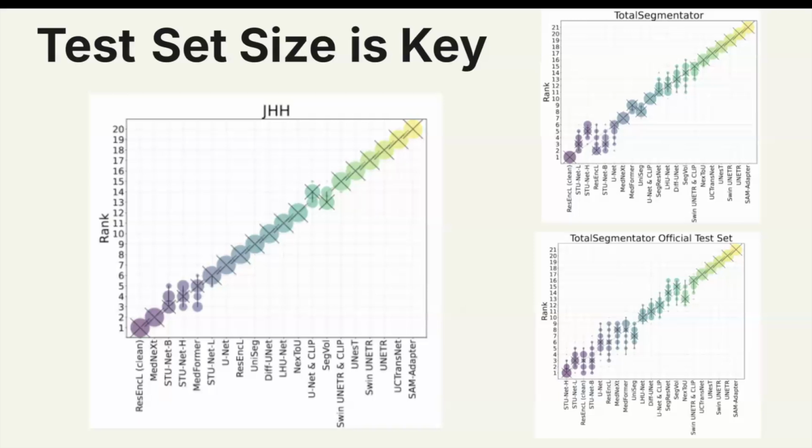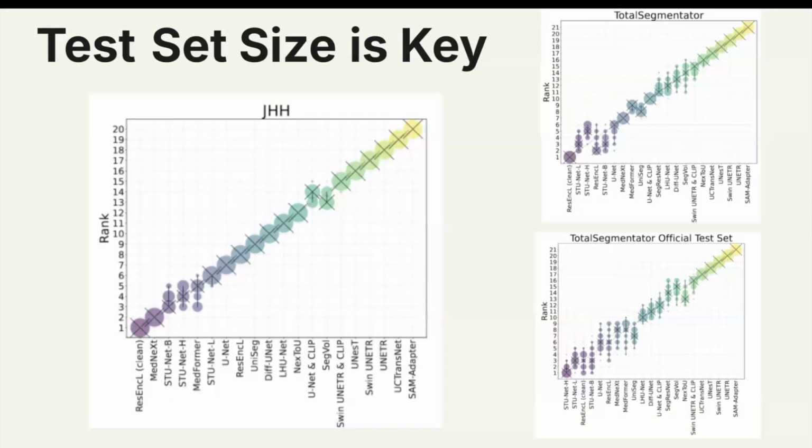So if we have just one ball, it means that this model, for example, is the second place in all of these subsets. Here you have three, so it means that this model has three different rankings according to which one of these random subsets you get. And the larger balls indicate that normally it is in this position.